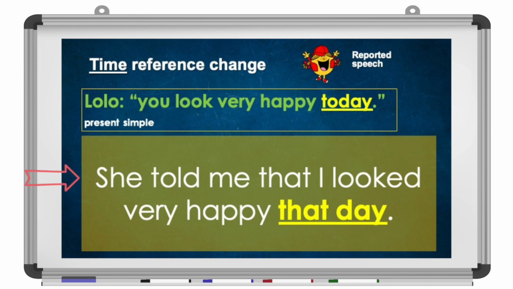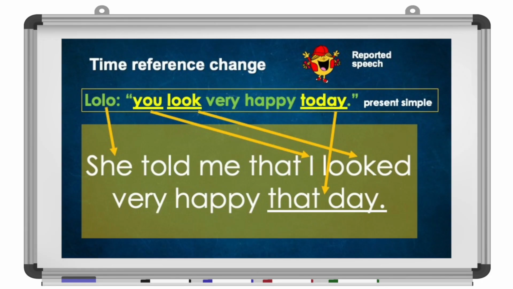Now, the time reference in the direct sentence was today, and I had to change it into that day because I am reporting the sentence. It's not today. Maybe I'm speaking tomorrow. That's why I change it into that day. Let's take a closer look at the sentence.